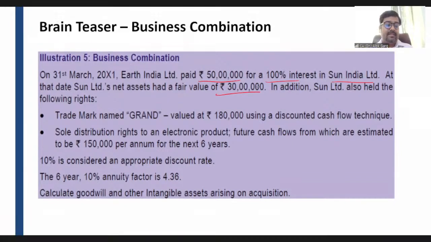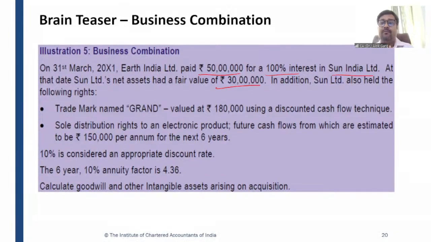Now the question arises, why? It means there is some intangible asset which this company is foreseeing, which this company is looking at, right? So some information is given here. In addition, Sun Limited also held the following rights.